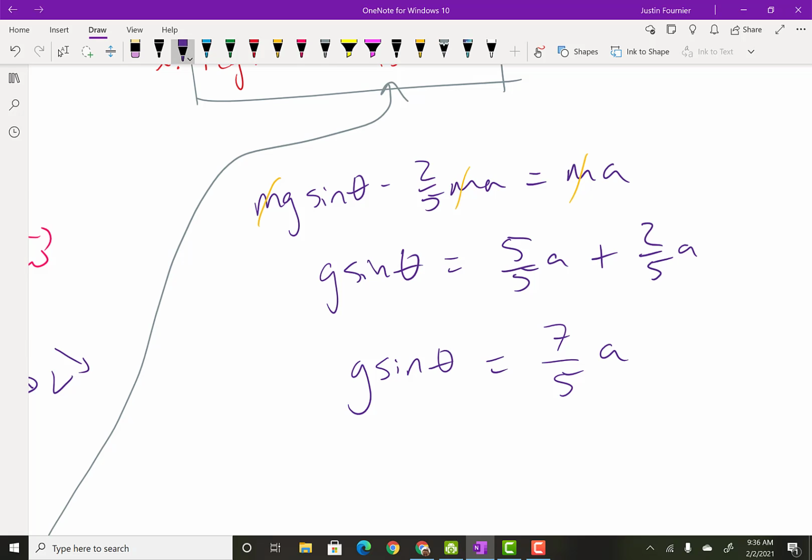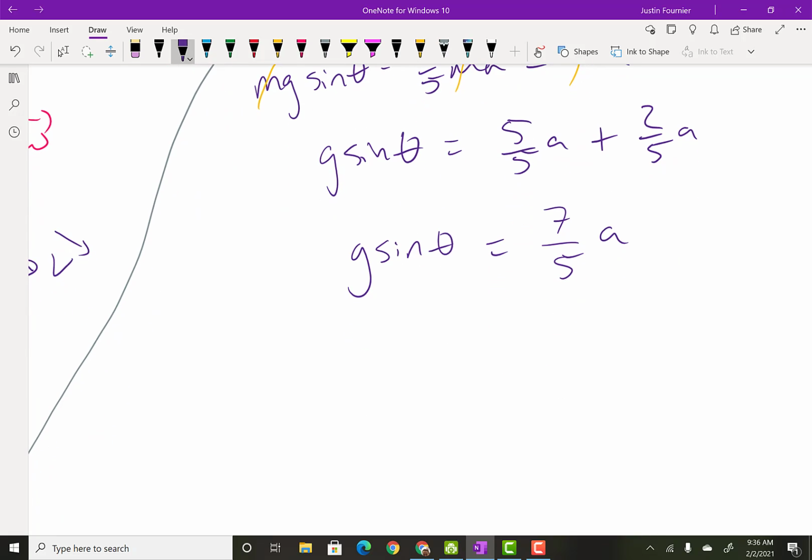Then I'm going to isolate a, so 5/7 g sine theta equals my acceleration.